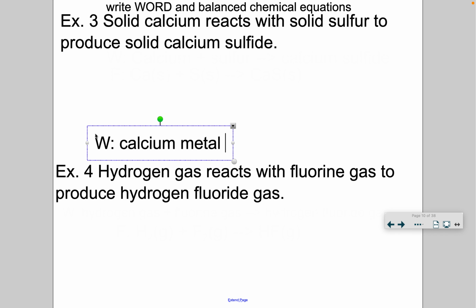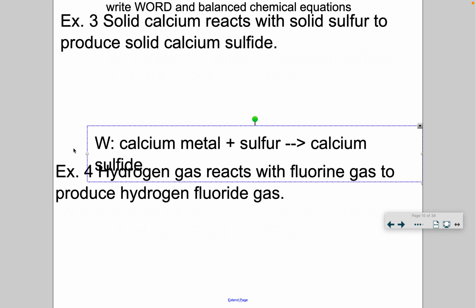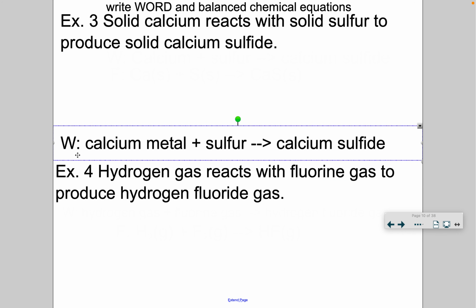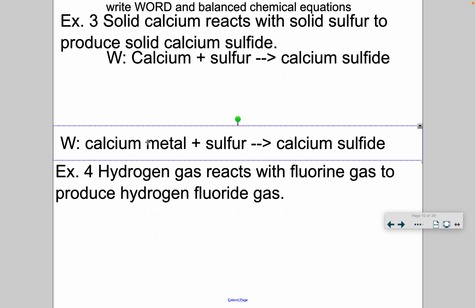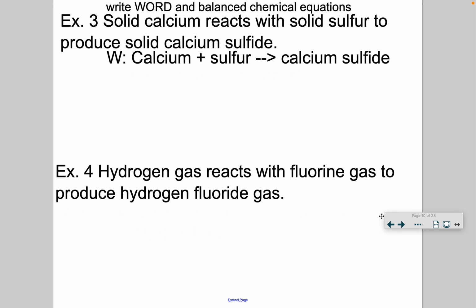Metal, I guess. Plus sulfur. Produces calcium sulfide. Cool. Did that one right. Now we got to do the formula.